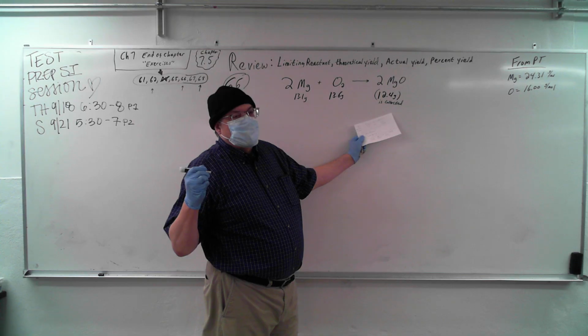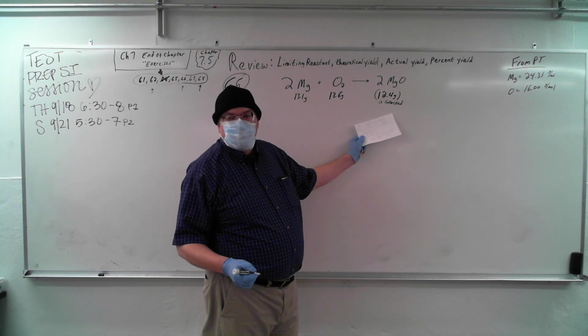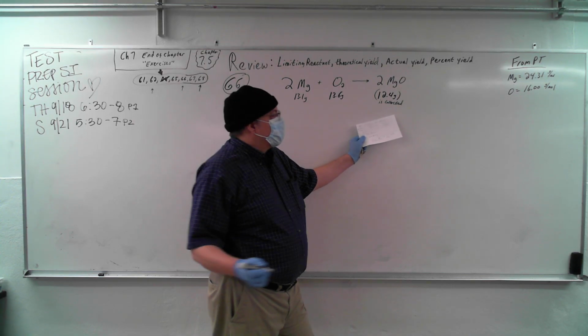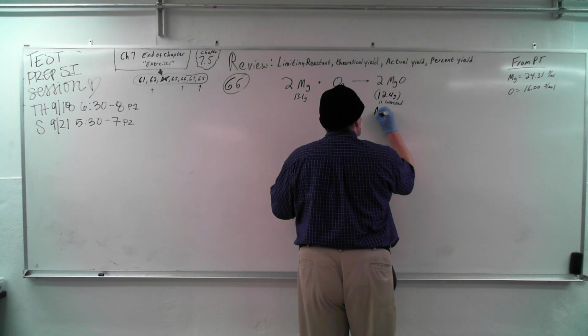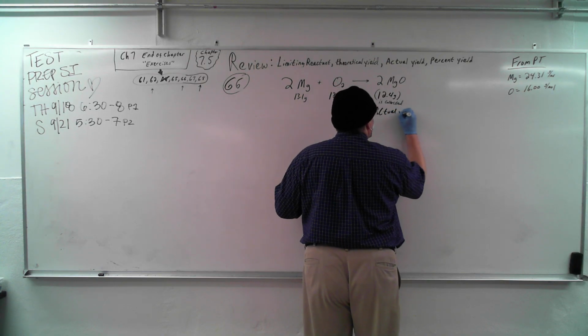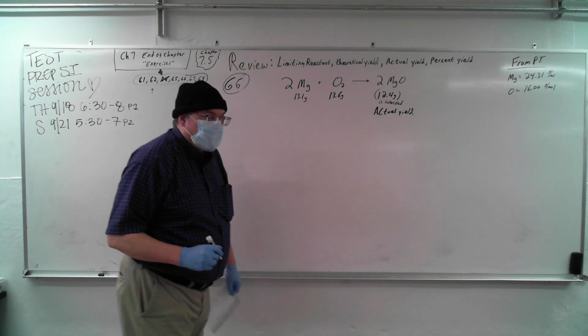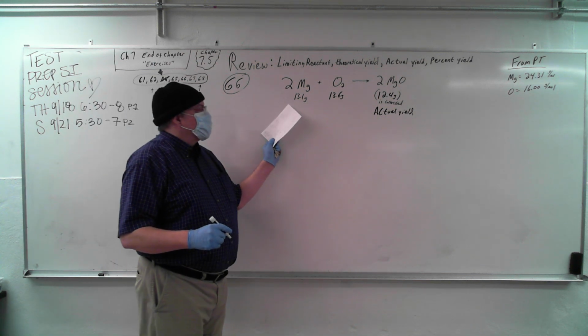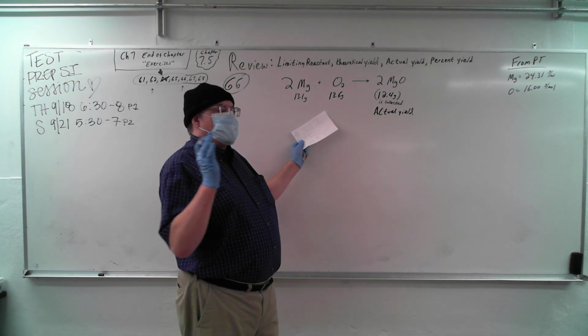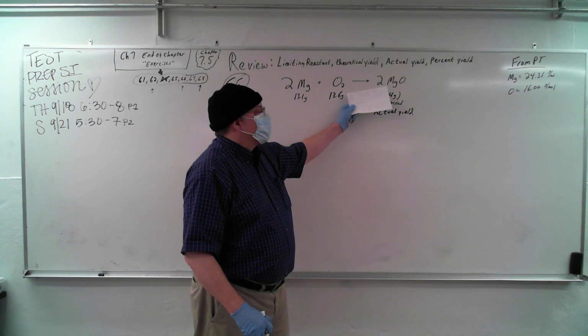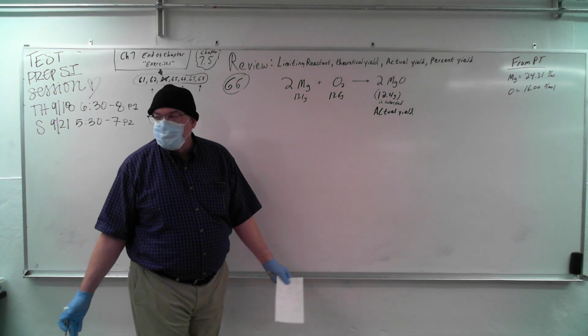They don't specifically say that that's the actual yield, but essentially, this is the actual yield. That's in the phrasing of the question. It says someone put this and this into the reaction, and when the reaction was done, this is how much MgO they got. That's an actual yield.